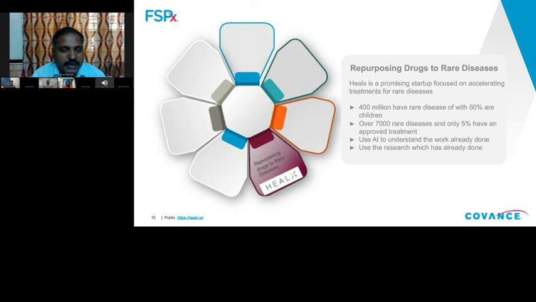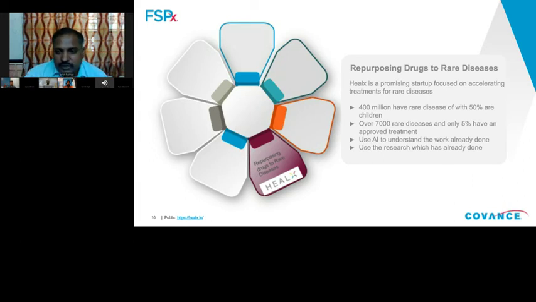They are not doing any new research, but they are understanding the outcomes of the earlier research and understanding the data so that they can model a new drug regime which can cure the rare diseases. With this outcome, they say the prediction of the treatment, or development of a new treatment regime, can happen in a couple of years, as opposed to close to a decade for rare disease treatment.